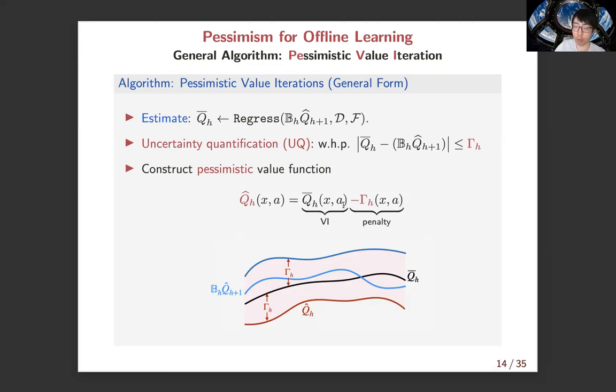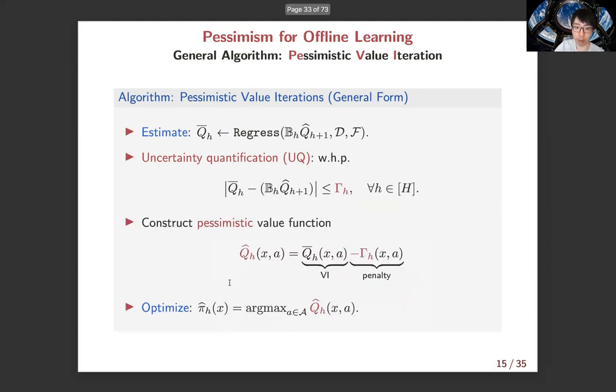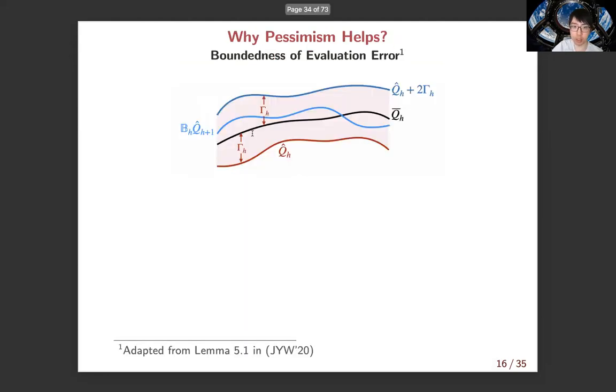Because I'm trying to be robust against this kind of uncertainty, I certainly do not want some kind of overshooting situation. Then I'm subtracting this penalty, and then I'm using this Q hat function to guide my decision. For example, if I'm trying to take the greedy policy, then I'm using this Q hat, which has already subtracted the uncertainty, instead of this Q bar, which is just the naive estimator, which could introduce the spurious correlation.